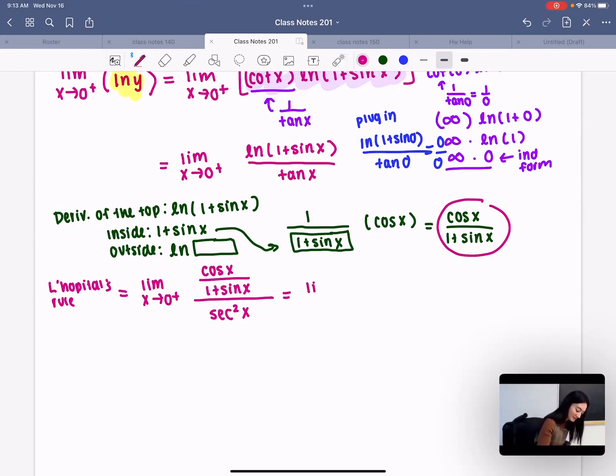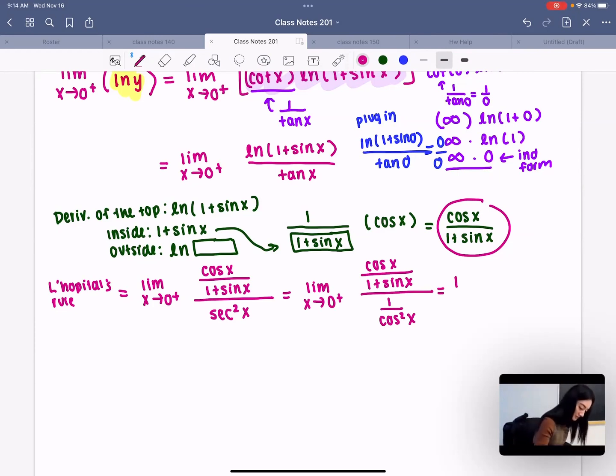All right. Let's rewrite this as a fraction over a fraction. So cosine of x over 1 plus sine of x. And I think what everyone's telling me to do is to change secant squared into 1 over cosine squared, right? Is that what everyone kind of wants me to do? Good. All right, we can do keep, change, flip.